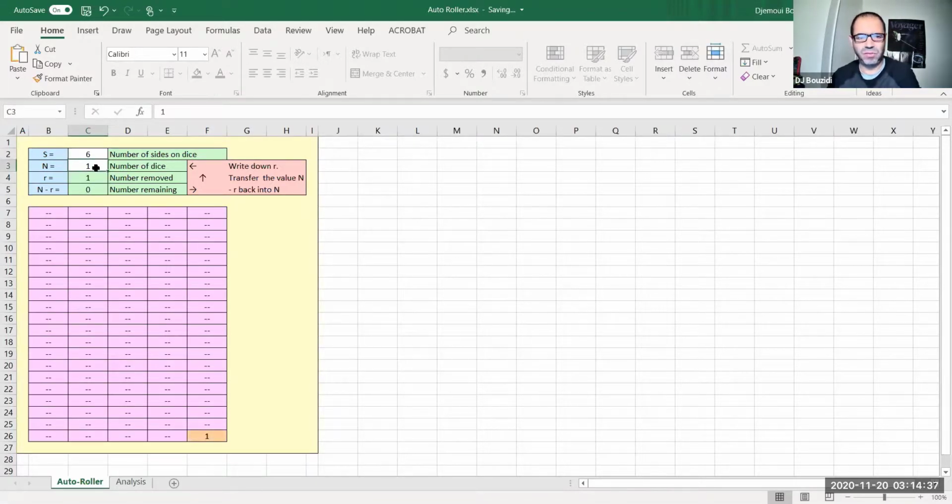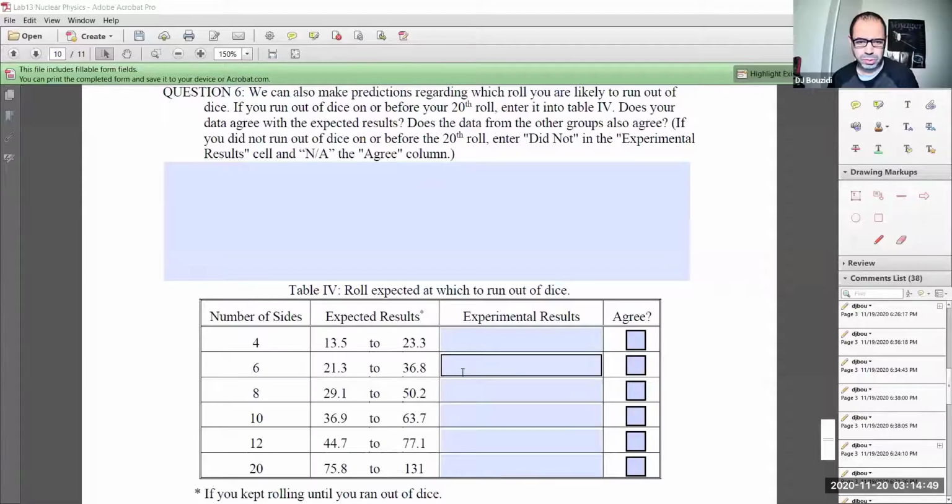After 26, I have no more remaining. All of them are gone. After 26 is done, I would come in here and put 26. After the 26th run, all the material is gone. No more radioactive materials. Does this check or not check?